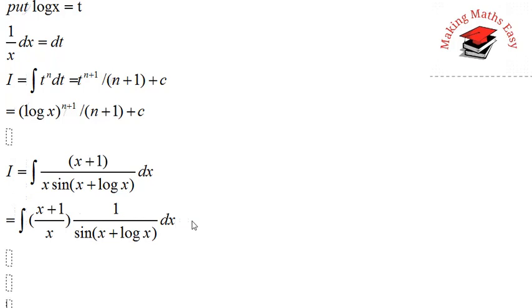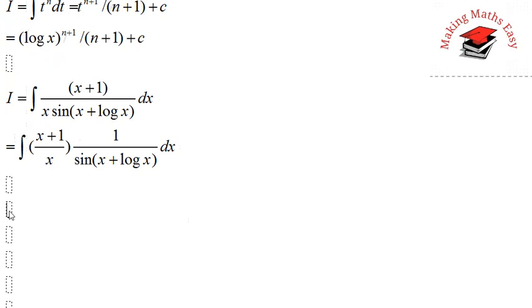Let us substitute the value of x plus log x equal to t, and then find its derivative: 1 plus 1 upon x, in brackets, dx equals dt. So instead of (1 plus 1 upon x) dx we have to write dt.